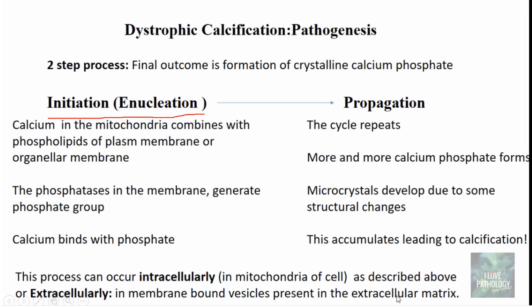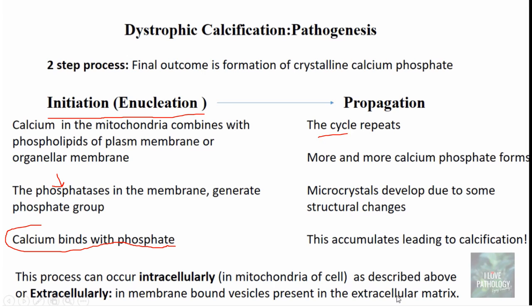The release of calcium will activate phosphatase, which breaks phosphate. Then calcium is set free and phosphate is set free. Then calcium will bind with the phosphate and form calcium phosphate.